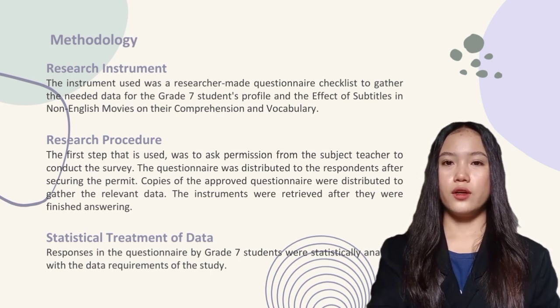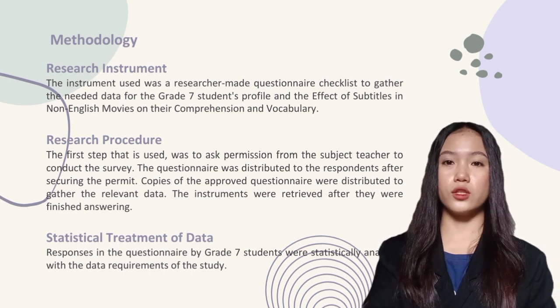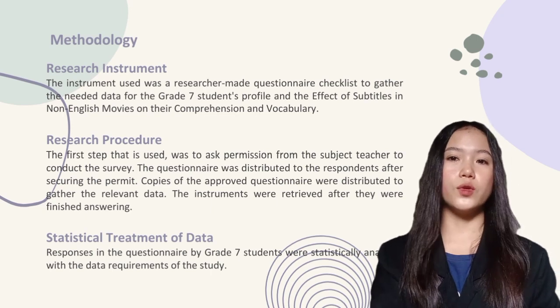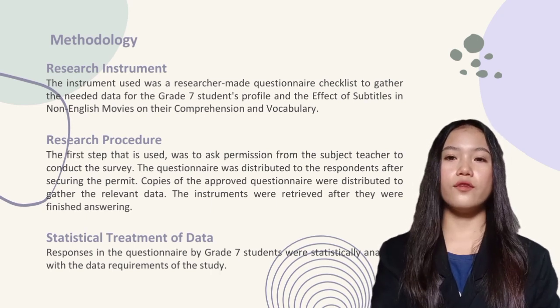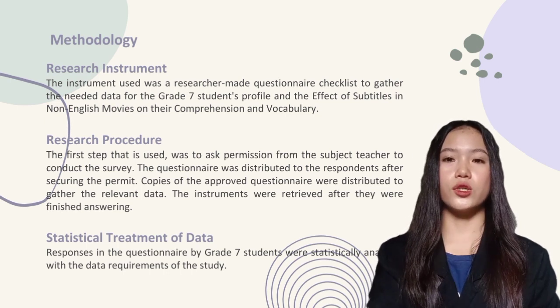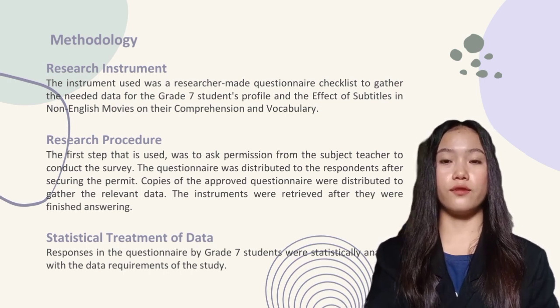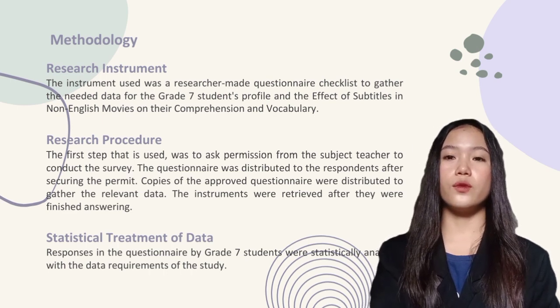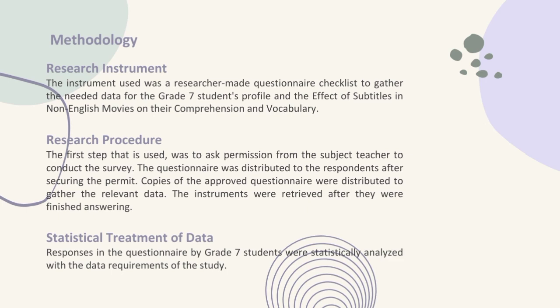Research procedure. The first step was to ask permission from the subject teacher to conduct the survey. The questionnaire was distributed to the respondents after securing the permit. Copies of the approved questionnaire were distributed to gather the relevant data. The instrument will be retrieved after they are finished answering.